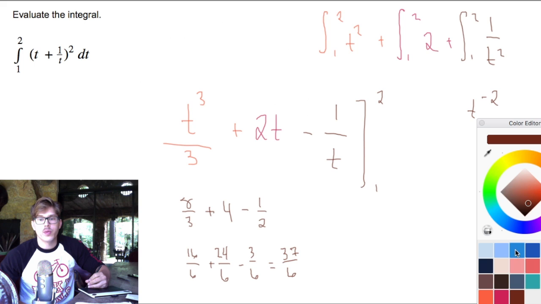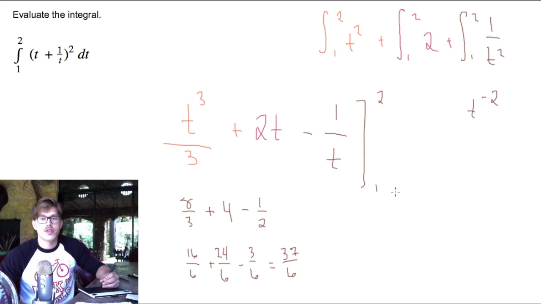And now let's plug in 1. If we plug in 1 to this function, we have 1 cubed over 3 is 1 over 3, plus 2 times 1 is 2, and then minus 1 over 1, so minus 1.